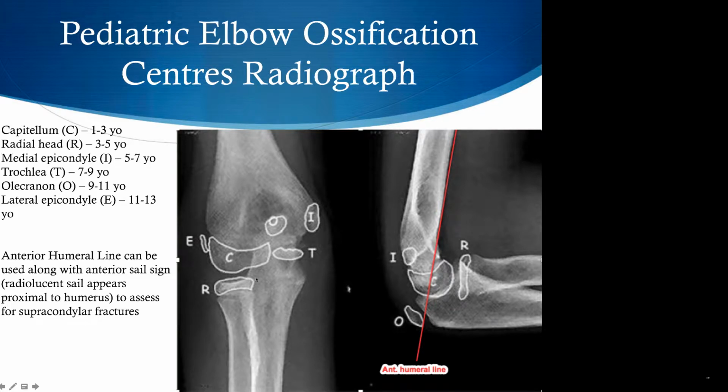The next one was actually the radial head, followed by the medial epicondyle, followed by the trochlea, and then the olecranon, and then the lateral epicondyle, which is E for external.